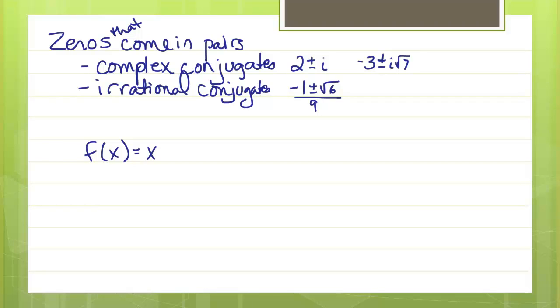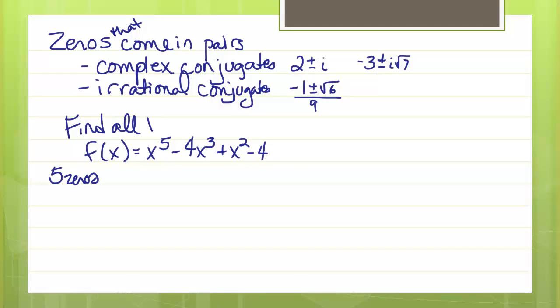If I want to find all the zeros of this function, then I'm going to know that, yes, I'm going to have 5 zeros, but it could be 5 rational zeros, it could be 3 rational and 2 complex, it could be 3 rational and 2 irrational, it could be 1 rational and then 2 of each of these other varieties.